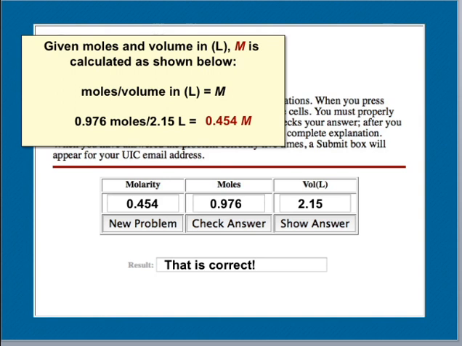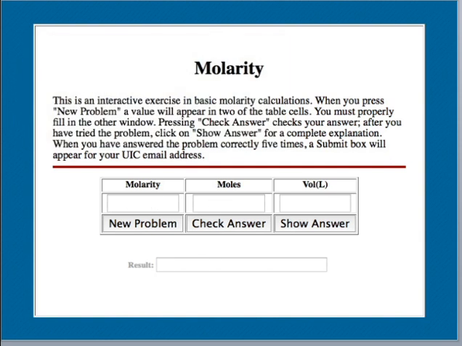Here we're missing our volume. So we have to take our basic equation. Remember, our basic equation is molarity is moles divided by volume. And we have to solve for volume. So volume is going to be moles divided by molarity.